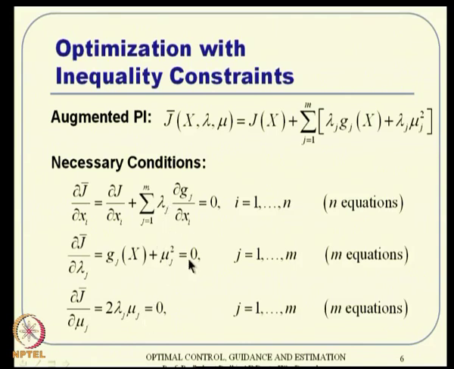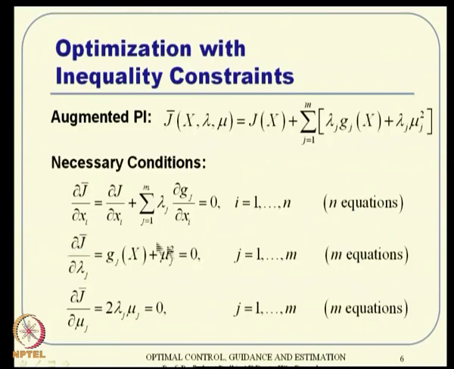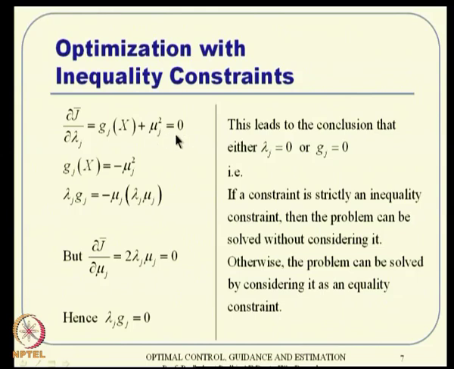Now, how do you do that? It's time to analyze a little more. Let us start with the second equation, which turns out to be 0. Hence, g j of x I can write as negative of mu j square.